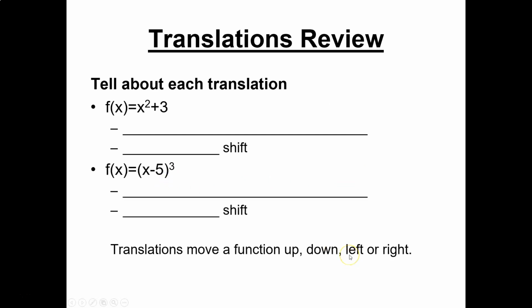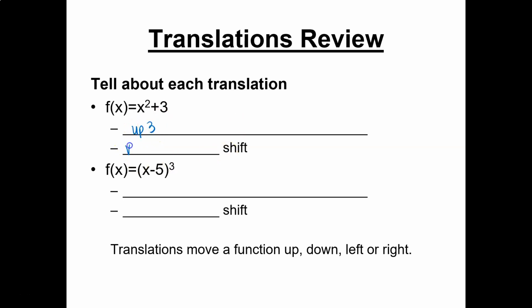All right, so translations, let's review this really quickly. Here, Josie, what's going to happen if I have f of x equals x squared plus 3? That's a quadratic, and what's going to happen to it if I put a +3 on the end? Up 3, right?